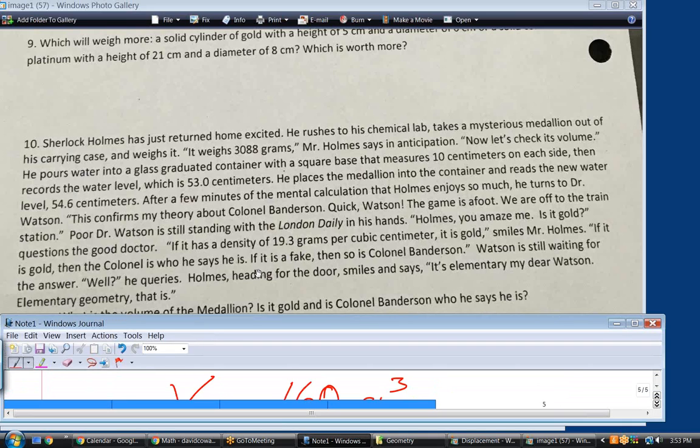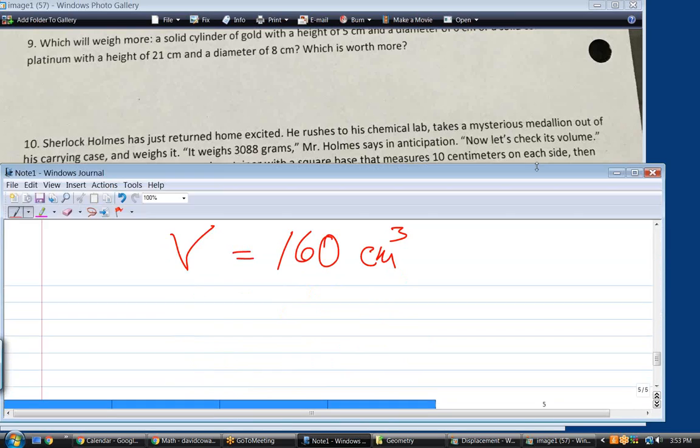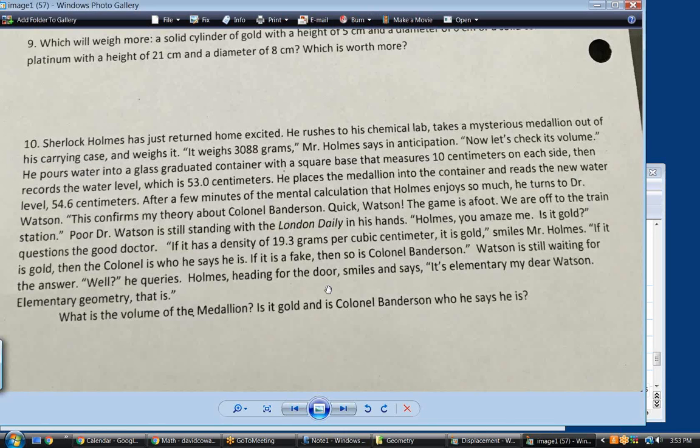So if you multiply it by 19.3, you should get your answer. Well, that would give the weight of it, huh? So multiply those two together. It's gold. It's 3,088 is the answer? Yep. Okay, I guess that's all you would need.